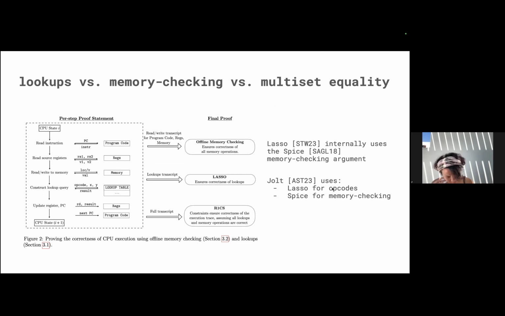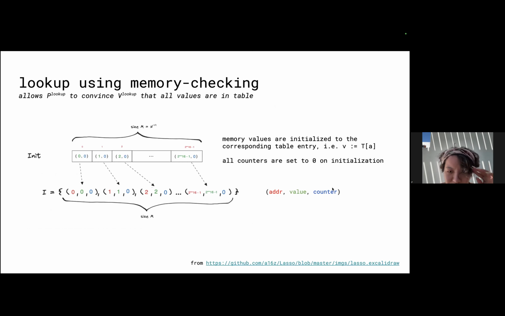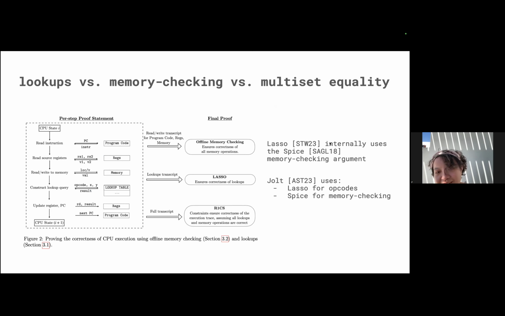I got confused about whether we're using a lookup for a memory checking argument or a memory checking argument for a lookup. Lasso internally uses the Spice memory checking argument.